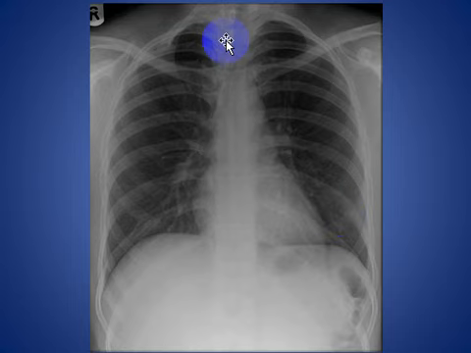Usually the cervical ribs are asymptomatic, and it is the most important anatomic rib variant and can cause thoracic outlet syndrome by compressing the brachial plexus or subclavian vessels. So this is a classic case of bilateral cervical ribs, more to the right side, asymmetric.